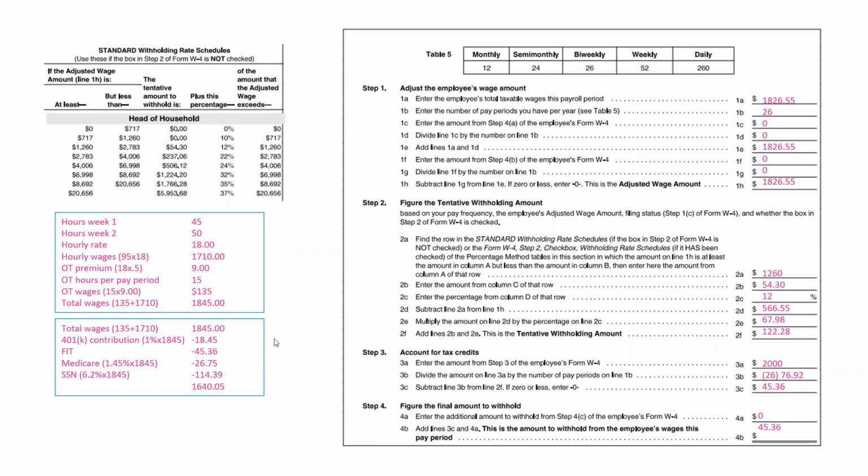So over here in the boxes on the left-hand side, you can see we have a breakdown for that gross wage, which originally was $1,845. We're going to take away $18.45, the 1% 401k contribution. Your federal income tax that we just calculated of $45.36.